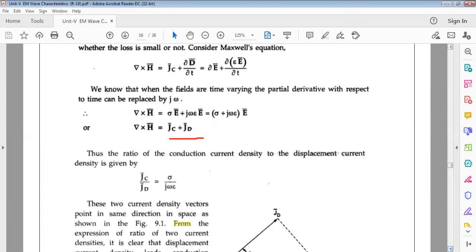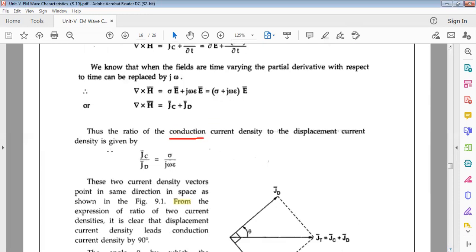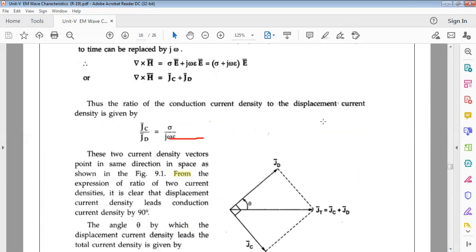The ratio of conduction current density and displacement current density, JC bar and JD bar, is sigma by J omega epsilon. These two current density vectors point in the same direction in space as shown in the figure here. From the expression of the ratio of the two current densities, it is clear that the displacement current density leads the conduction current density by 90 degrees.